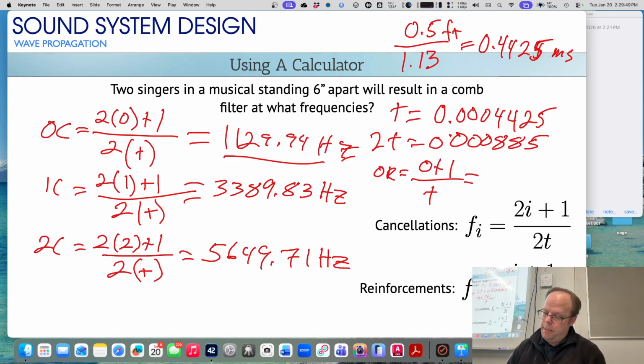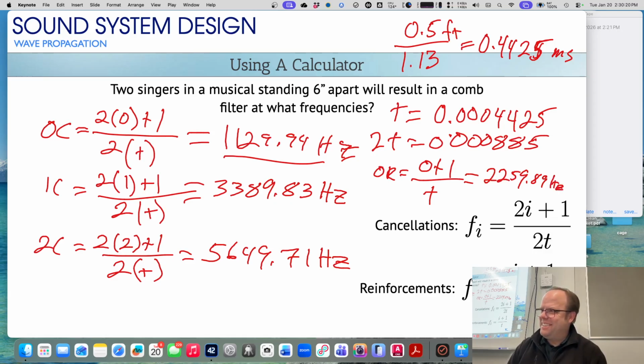So 1 divided by 0.0004425, right? What's that? 2,259.887.